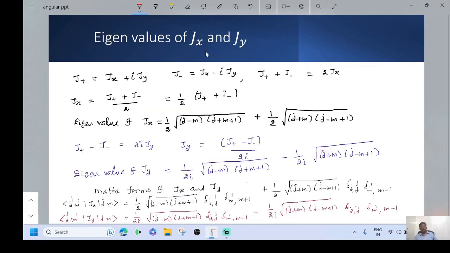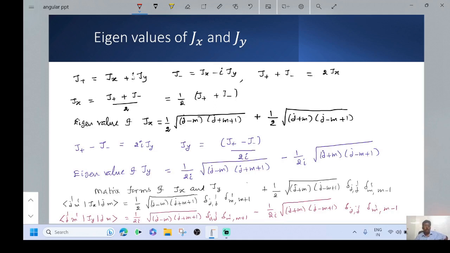In the case of jx, j plus equals jx plus i jy, and j minus equals jx minus i jy. Add these two, and j plus plus j minus equals 2jx. Then jx equals j plus plus j minus, whole divided by 2. So the eigenvalue of jx is the eigenvalue of j plus plus the eigenvalue of j minus, whole divided by 2.